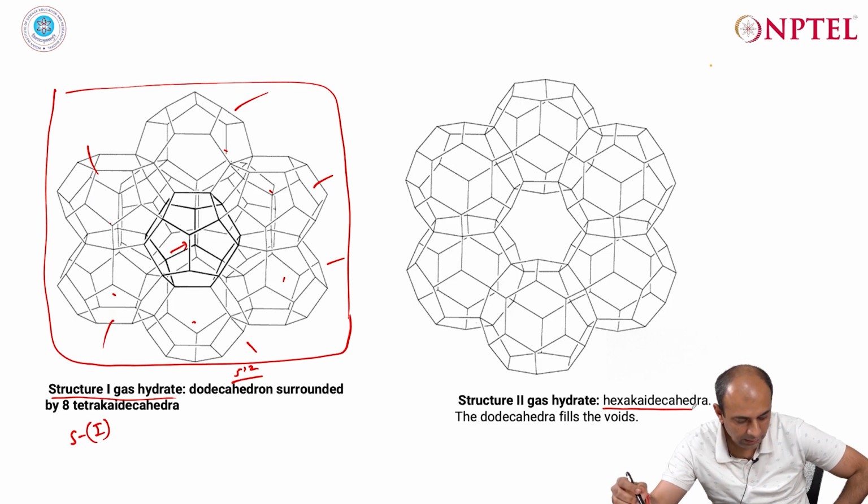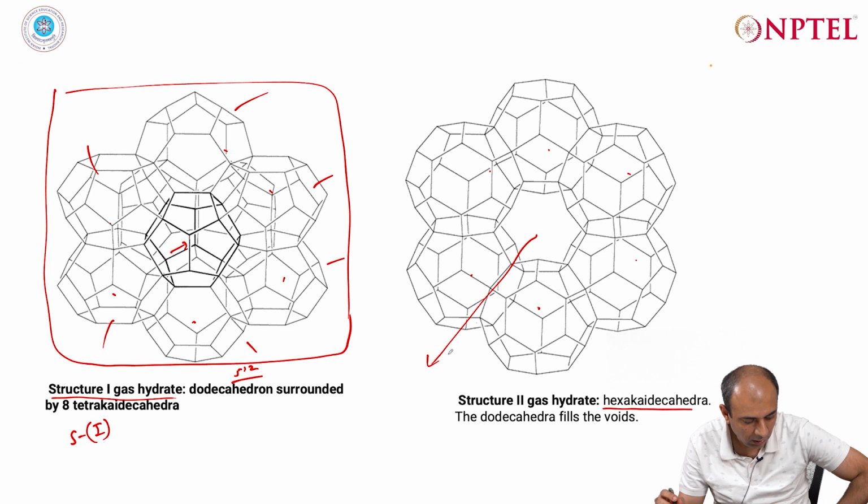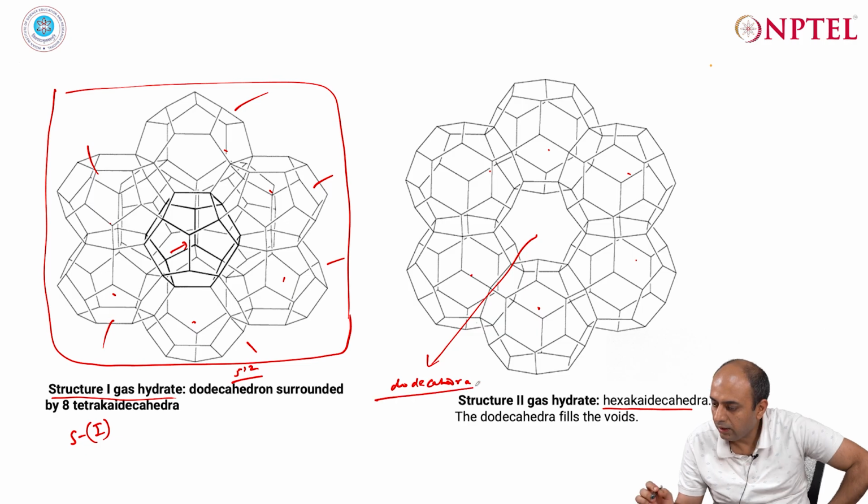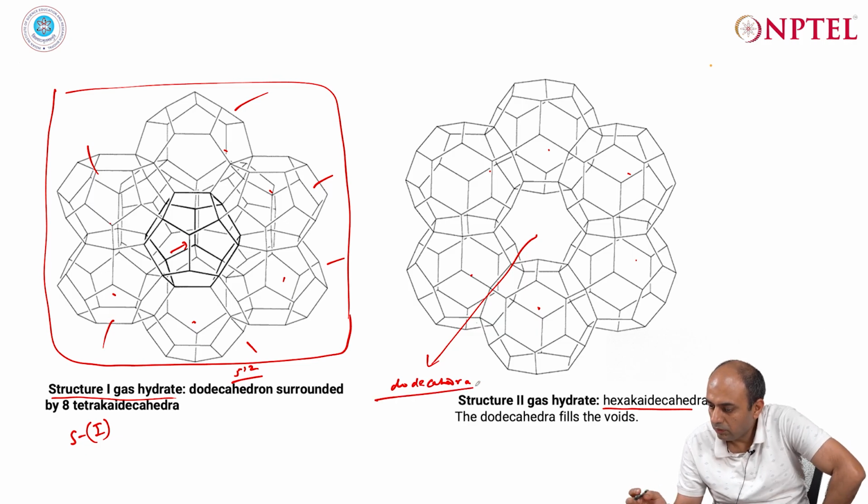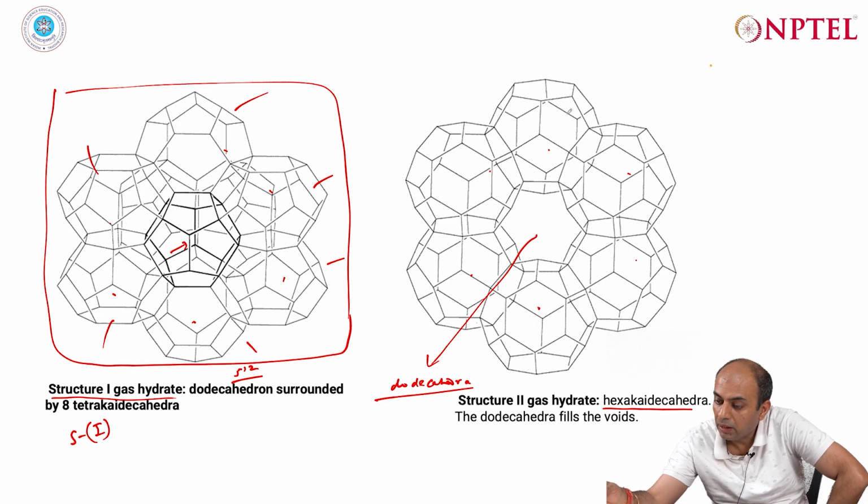Now you can see the hexachedecahedra, they are present here 1, 2, 3, 4, 5, 6, and this gives rise to a void in the center, which is actually a dodecahedra void. It is these voids, whether the dodecahedra void or the hexachedecahedra void, which are available to the guest molecules for being occupied.